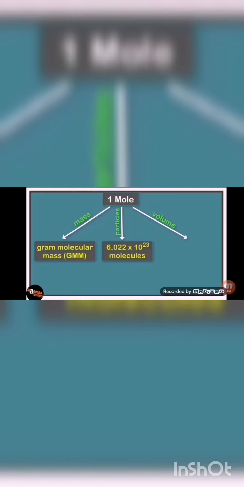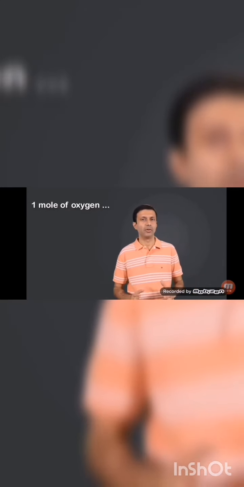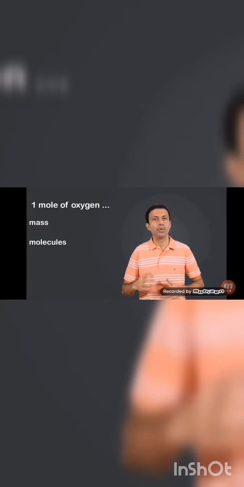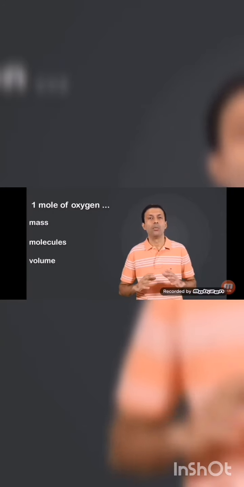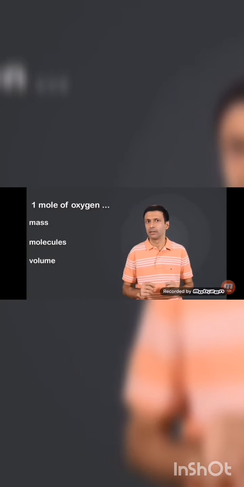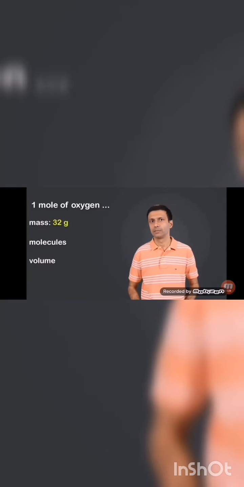Let's put this definition of 1 mole based on volume of a gas on our concept board. Let's say I want 1 mole of oxygen. Since it's a gas, I have all 3 options of measuring it. That is the mass, the number of molecules, and the volume occupied by the gas. So if I use mass, then I need 32 grams of oxygen gas.